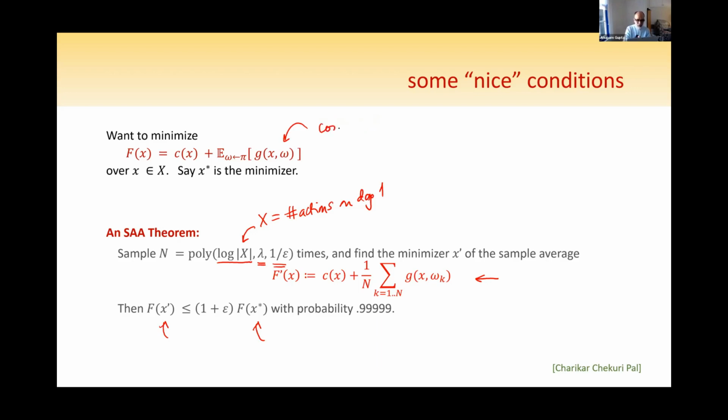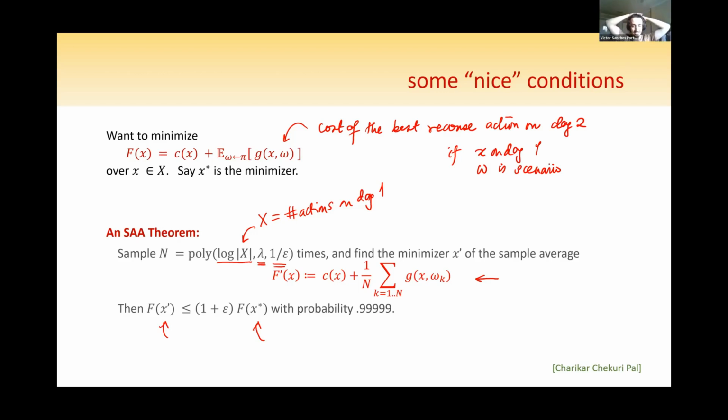It's the cost of the best recourse action on day 2 if we did X on day 1, and omega is the scenario. So I've kind of bundled it all into this thing. It's a compact representation. Perfect, thanks. Absolutely. That's a very good point.